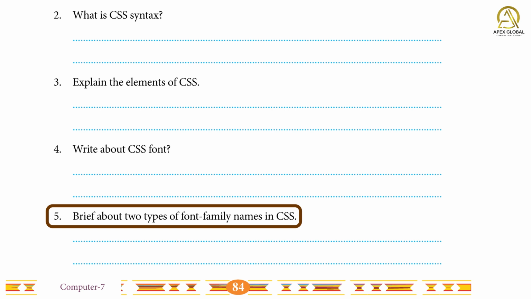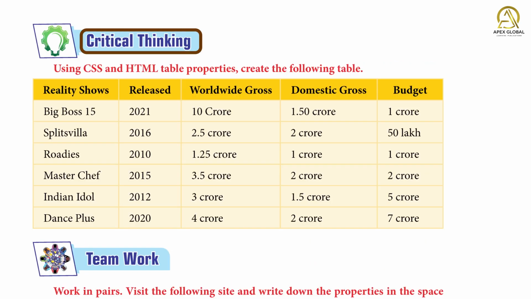Answer. There are 2 types of font family names in CSS, which are defined below. Family name. It is the name of a family of fonts that includes Arial, Times, etc. Generic family. It is the name of the generic family that includes 5 categories, which are serif, sans serif, cursive, fantasy, and monospace.